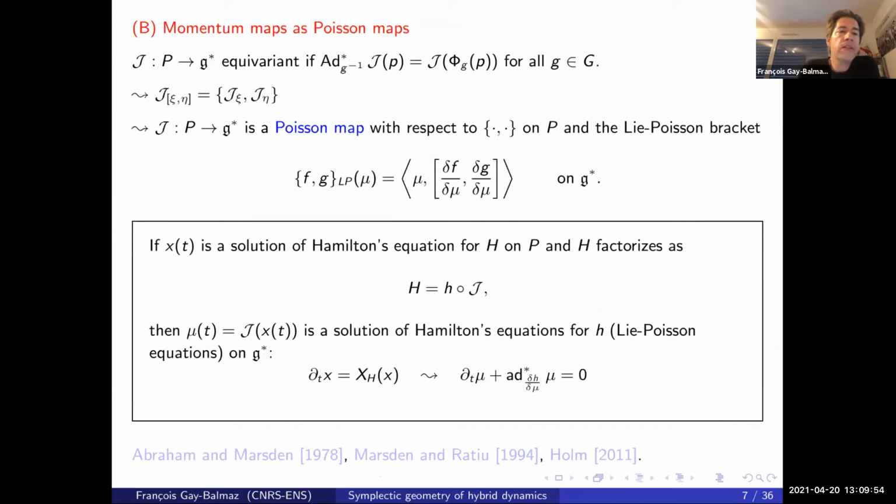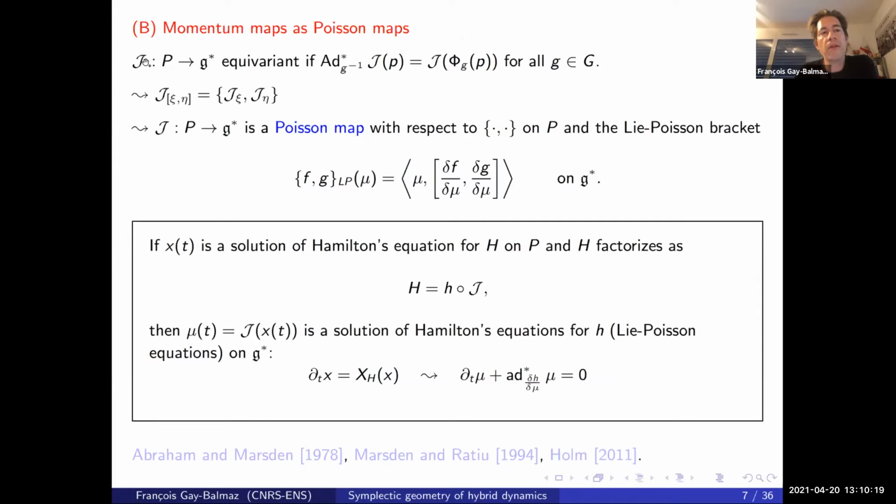Remember that these momentum maps are from phase space to G star. So we can ask if they are equivariant with respect to the action of G, right? So on P, G acts using its own action, and on G star, it acts using the coadjoint action, which is the natural action of the Lie group on the dual Lie algebra.